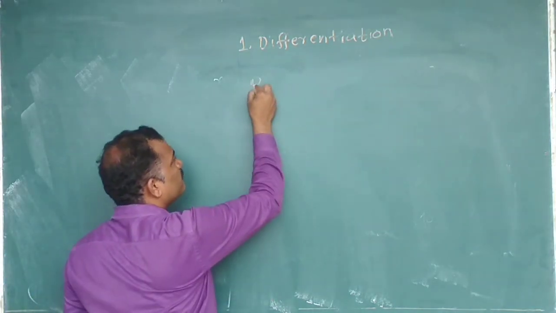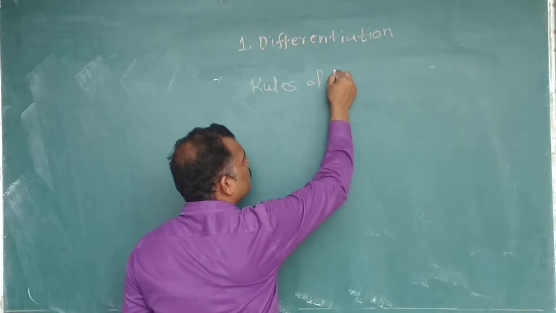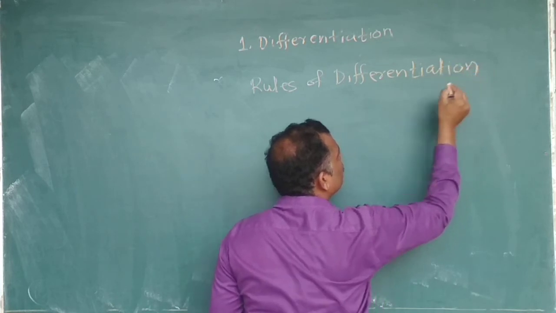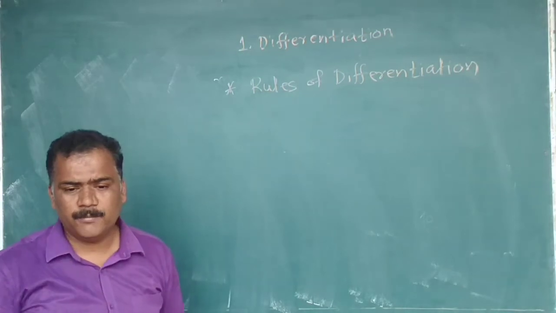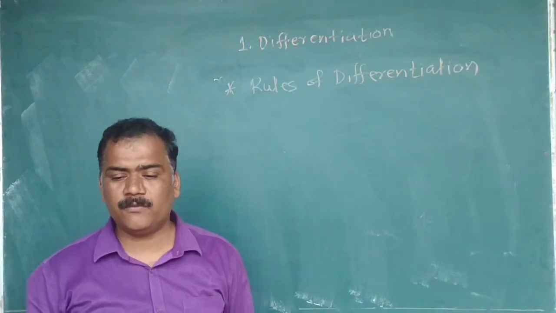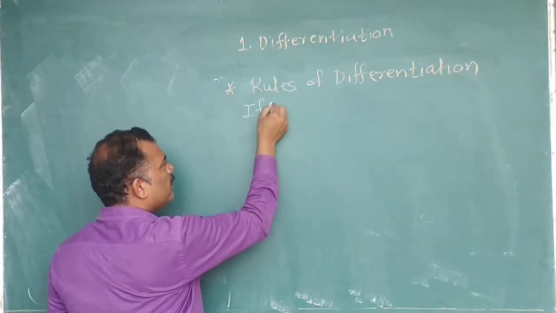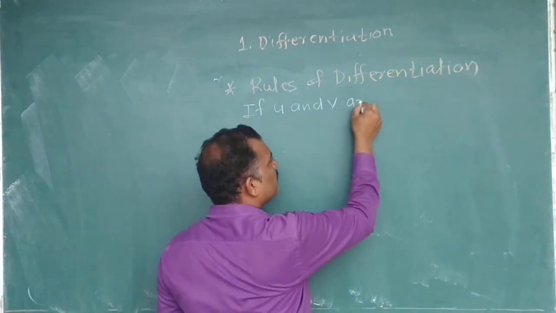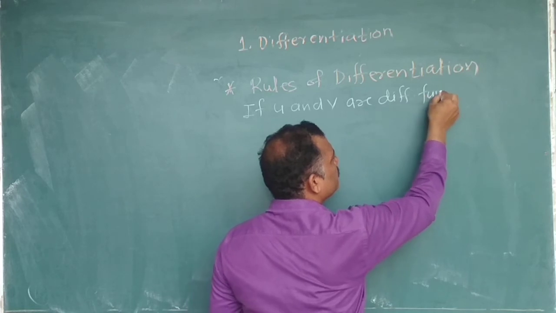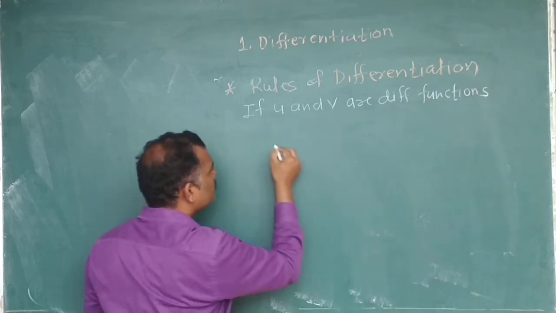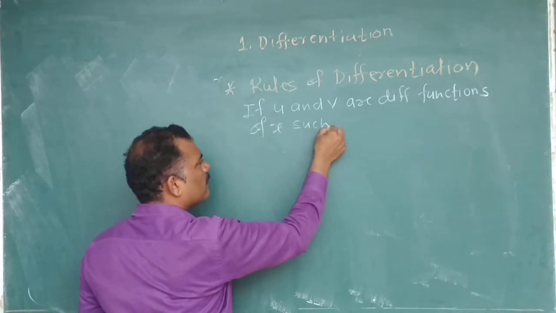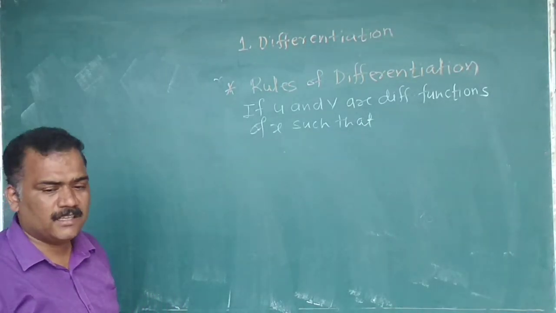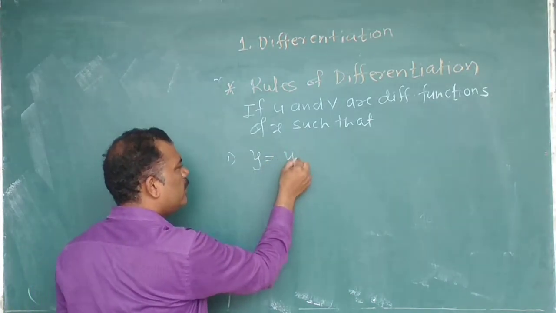Rules of differentiation. Suppose that u and v are differentiable functions of x, such that first y is equal to u plus v.